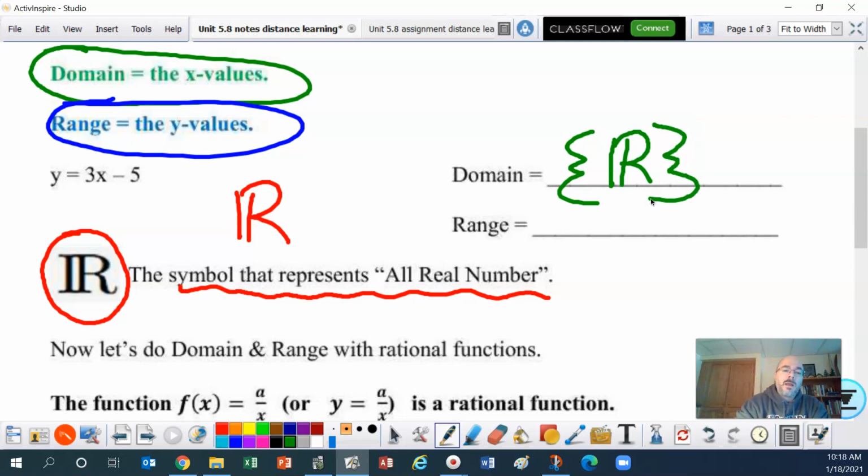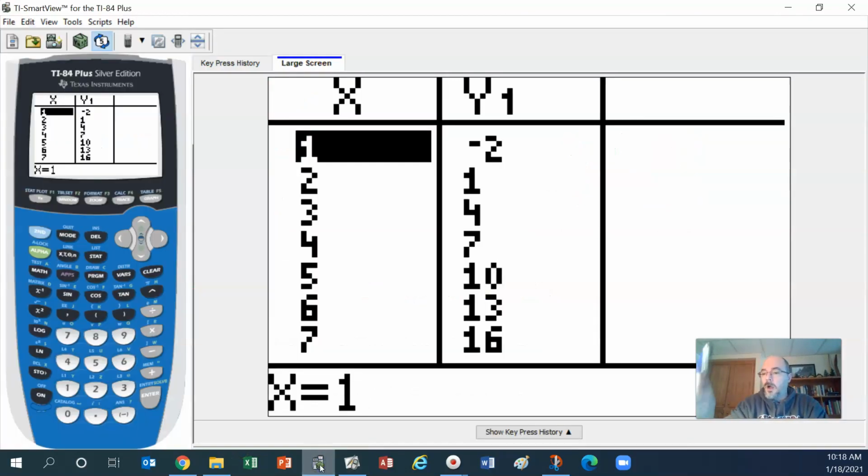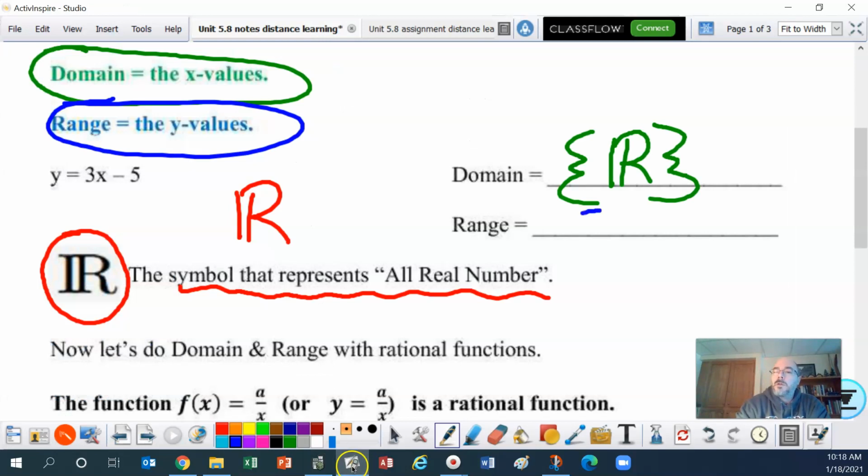Then I'm going to do the same thing for the range. When I go to the calculator, all of those y values in the second column are working, so I'm going to put the brackets again and put that symbol for all real numbers.